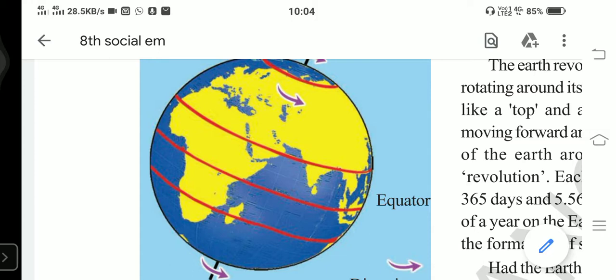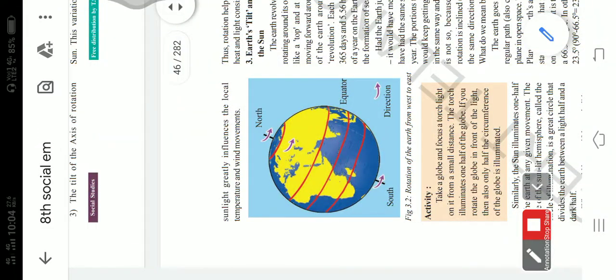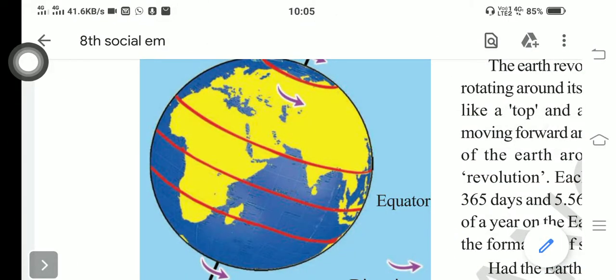It is the tilt of the axis of rotation when compared to the plane on which the earth moves. Dear students, just wait, we are coming to the point. When the earth rotates, it bends. That is called the tilt.